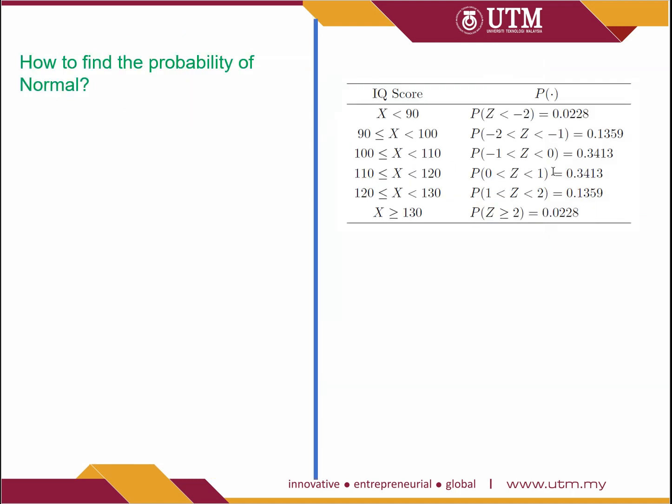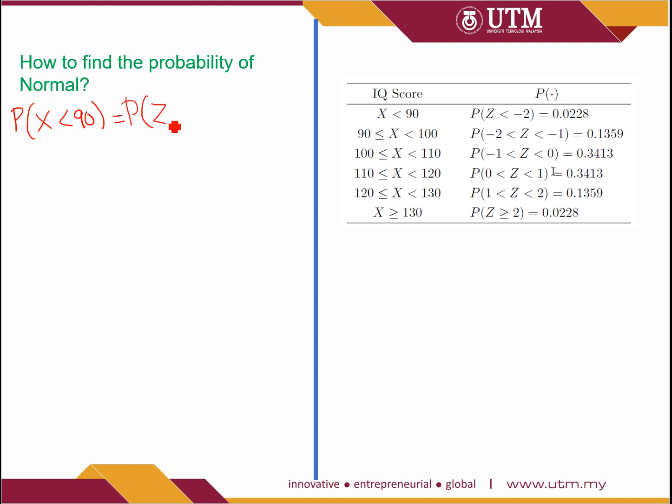Now, how to find the probability of normal? For example, let's say P(X less than 90), how to find it? You must remember how to find the probability of normal. So change this X into the Z distribution.